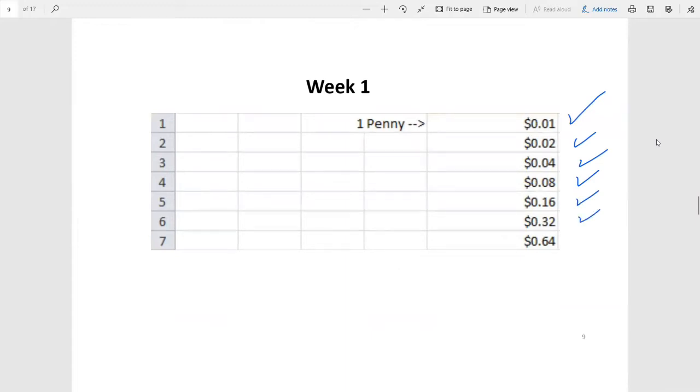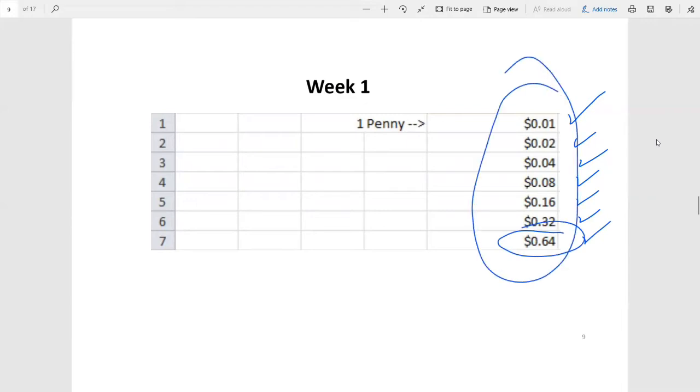On the seventh day, the end of the first week, you make 64 cents. And of course, you can add all this up, and that will be the total for the week, which is a little over $1.